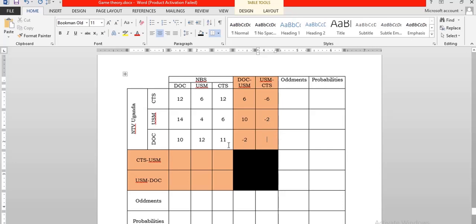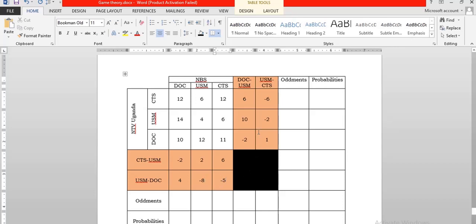And 12 minus 11 is 1. Then down here we have 12 minus 14, that is negative 2. 6 minus 4 is 2. 12 minus 6 is 6. 14 minus 4 is 4. 4 minus 12 is negative 8. And 6 minus 11 is negative 5.